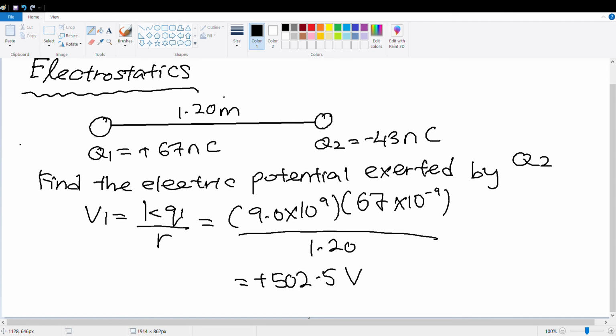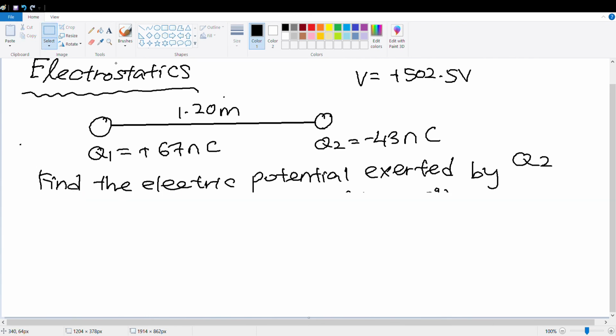So this is for the electric potential. What if I wish to find out, let me just write it down. As for the second question, what if I wish to find out the electric potential energy exerted by Q2?